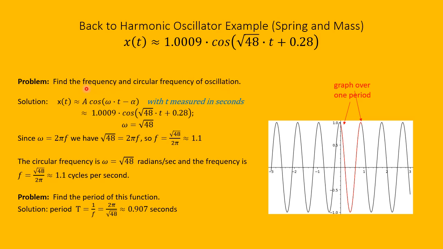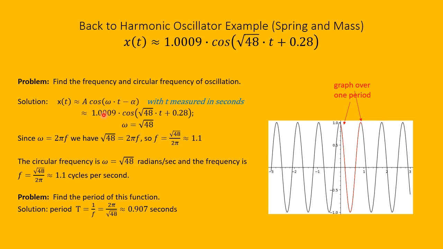Okay, well, we look at the equation we have for the position x as a function of time t, and we can think of it as x of t equals A cosine of omega times t minus a phase angle alpha.